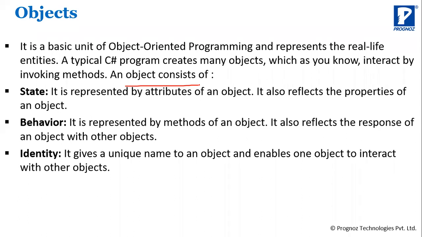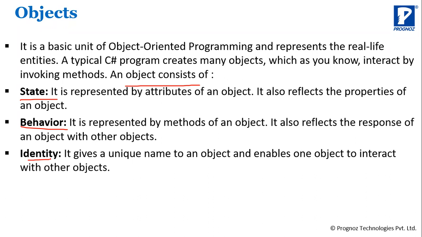The object consists of what? When you talk about any object, it consists of state, behavior, and identity. So every object has these characteristics: state, behavior, and identity. When I create an object of the class, it has some certain state, meaning variables, some certain behavior, meaning methods, and some unique name.